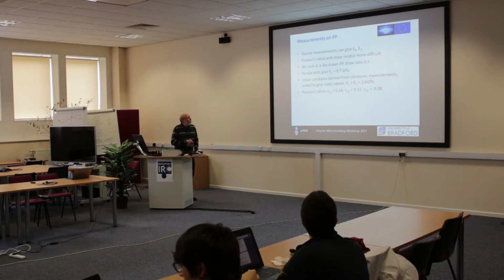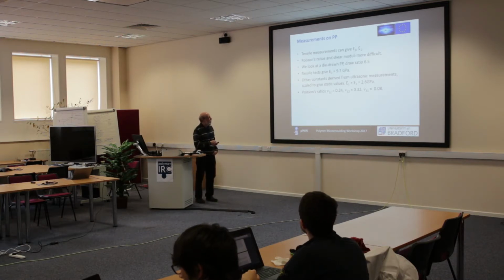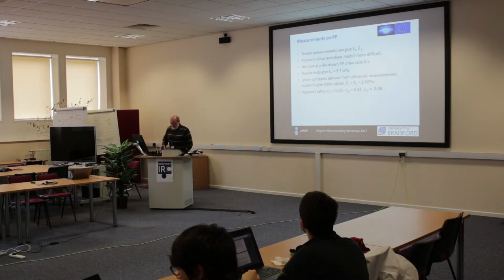So from that we get Poisson's ratios. These three Poisson's ratios, 0.24, 0.32, 0.08. So you can see that Poisson's ratios are seriously affected by the orientation.